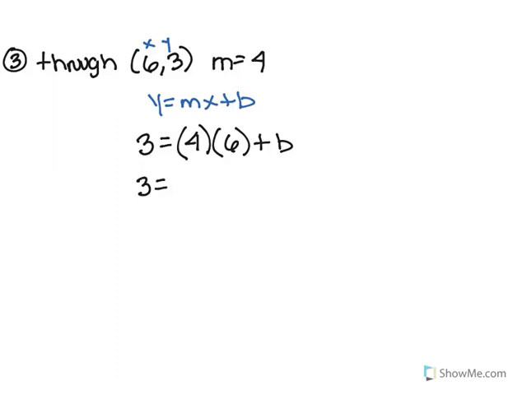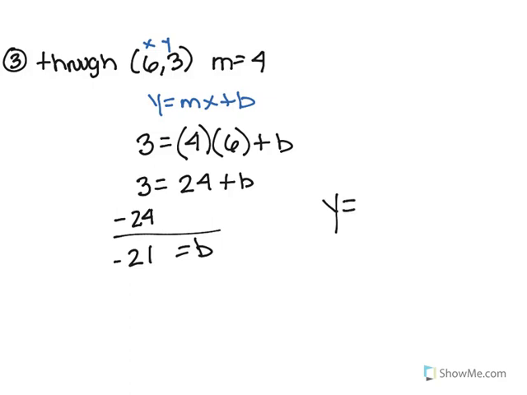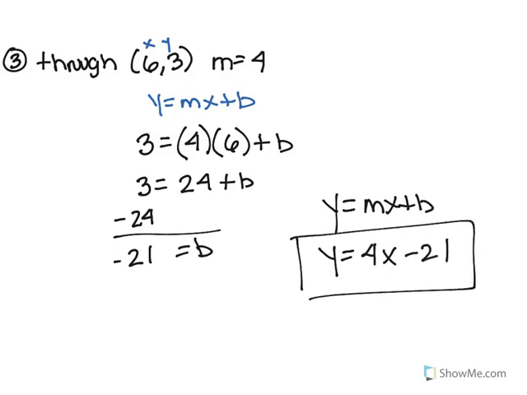So we have 3 equals 24. And what do we do with 24? Subtract it, so b is -21. So our equation would be y equals 4x minus 21. Awesome. Y'all see that? Okay.